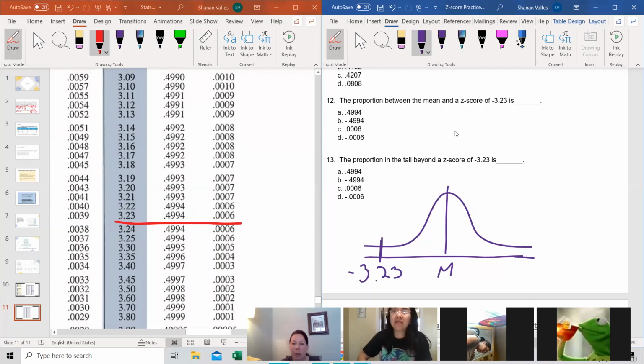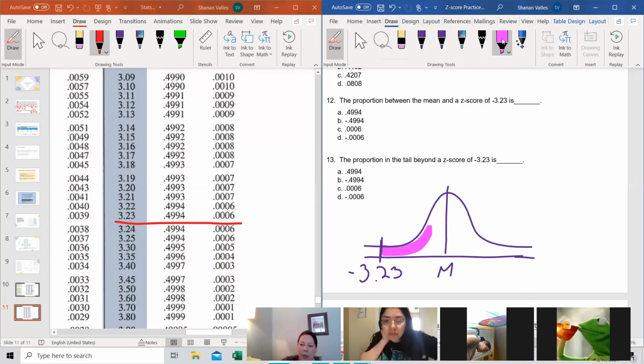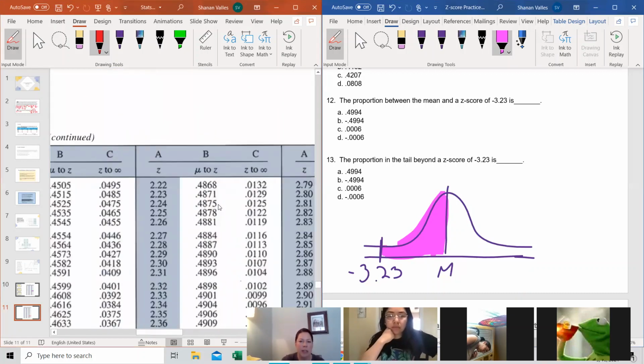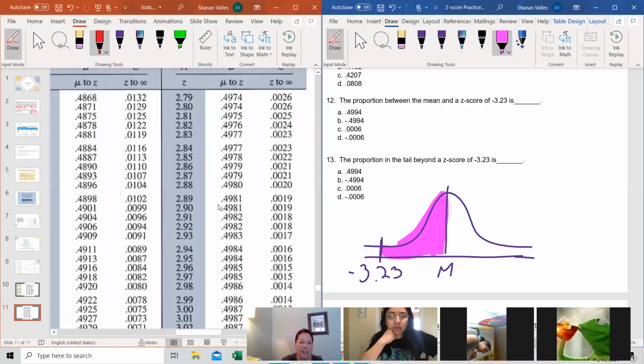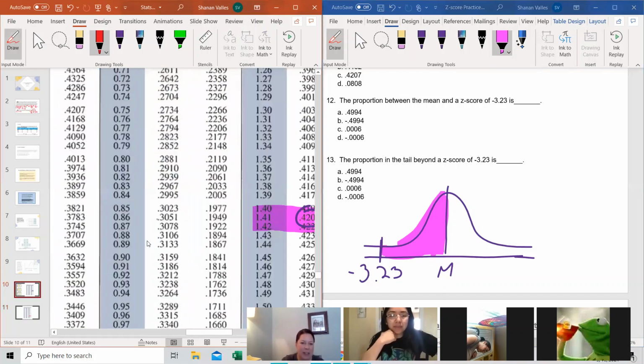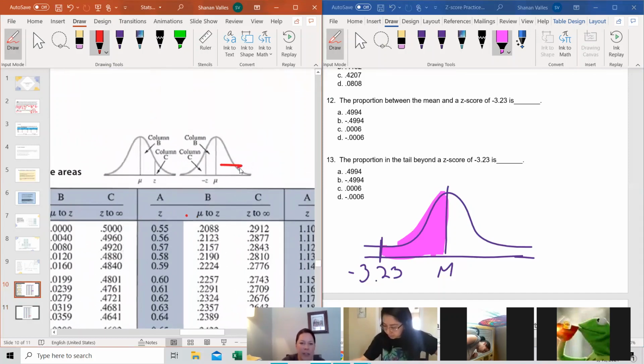Okay, negative 3.23. Number 12 is asking us, what is that proportion that's in between here? Okay, what is that proportion that's right in here? And that's where we look at B column, right? It gives a picture for a negative z-score.